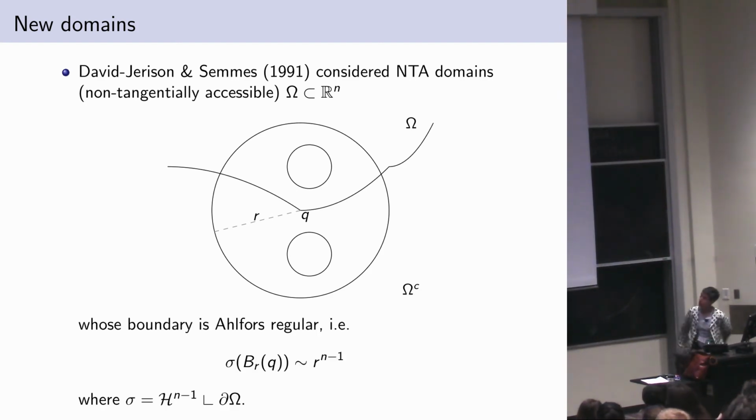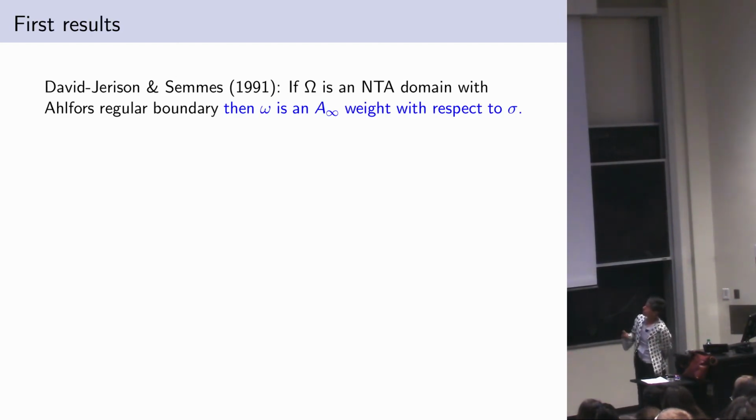And we look at domains for which the surface measure of the ball is like R to the n minus 1. Think of it, the surface of the boundary has a Euclidean volume. Okay. And to answer the question that I asked, what happens is the following. David and Jerison, in a sense, prove that if you have an NTA domain and the boundary is Ahlfors regular, then omega is A infinity.